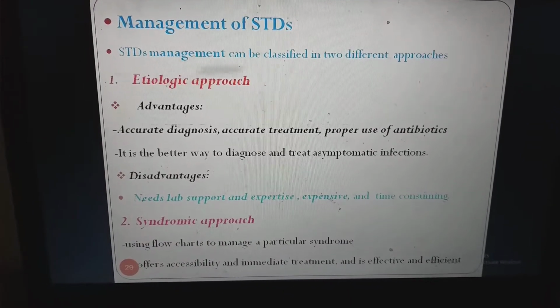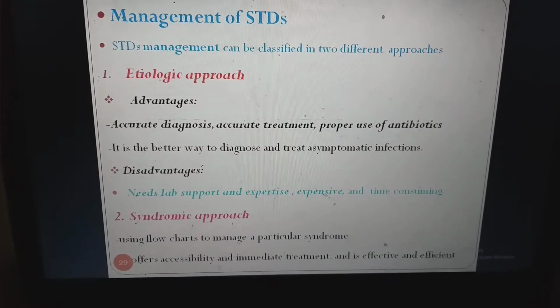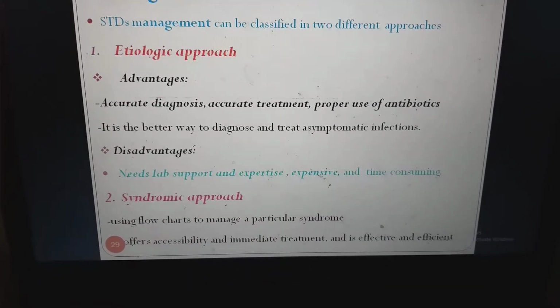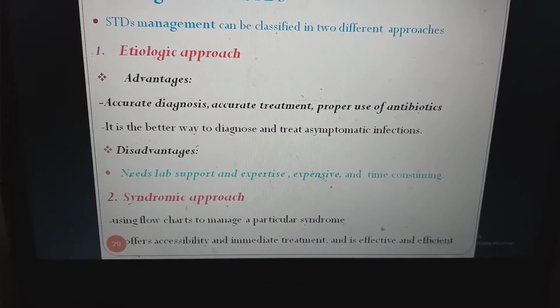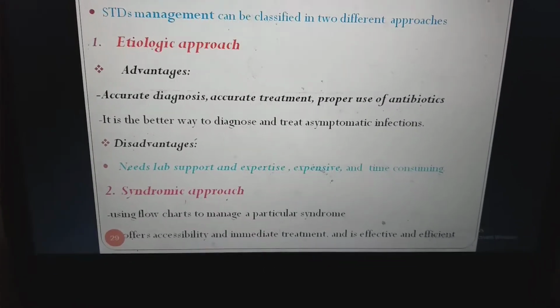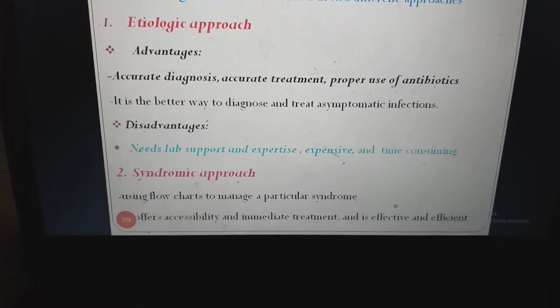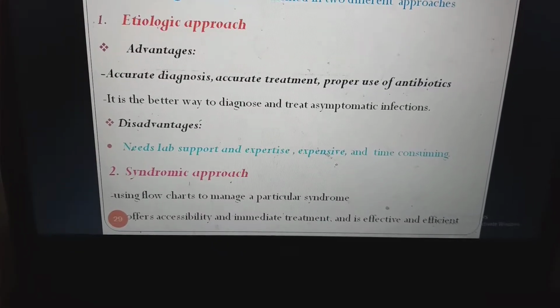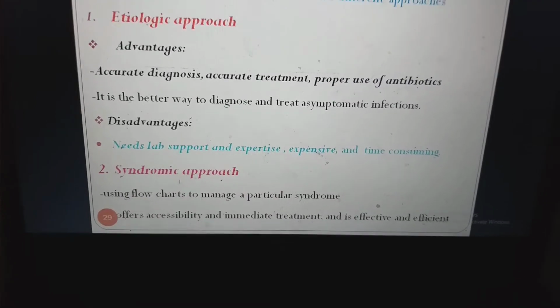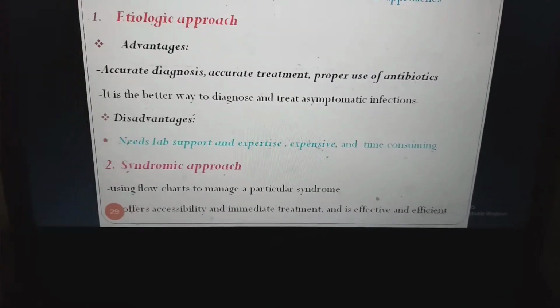It is a better way to diagnose and treat asymptomatic infections. The disadvantage is that it needs lab support and expertise, and is expensive and time consuming. But the syndromic approach uses flow charts to manage a particular syndrome, offers accessibility and immediate treatment, and is effective and efficient.